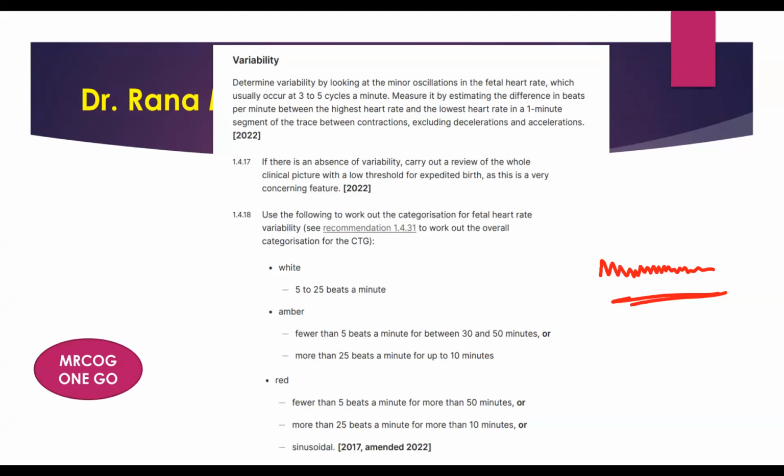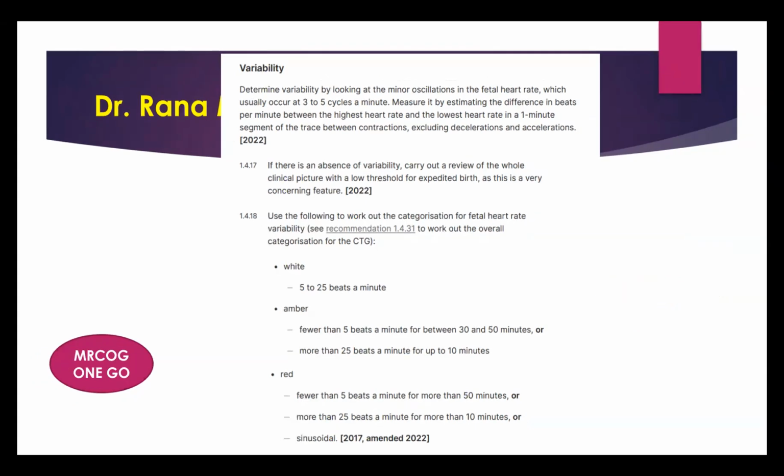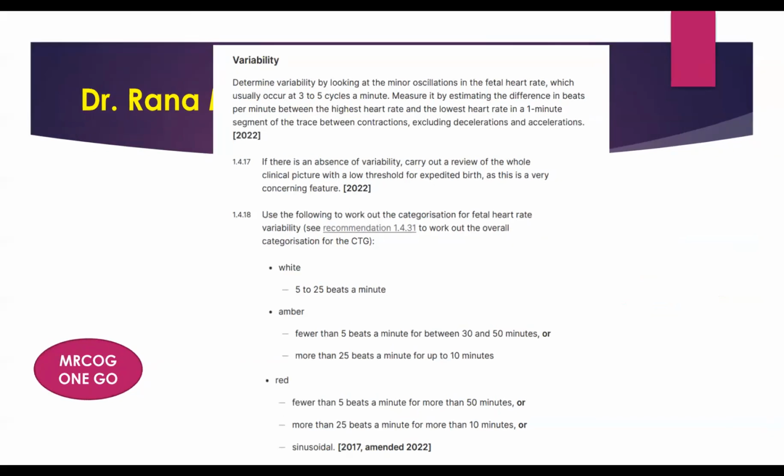My second famous question, so I will ask you all my questions now. What about the difference between the classification and the categorization? How can I classify the CTG and how can I categorize the CTG?